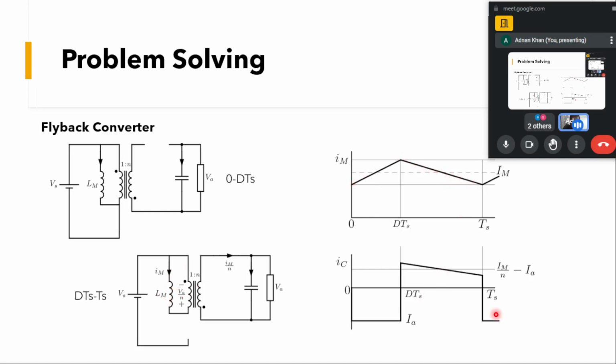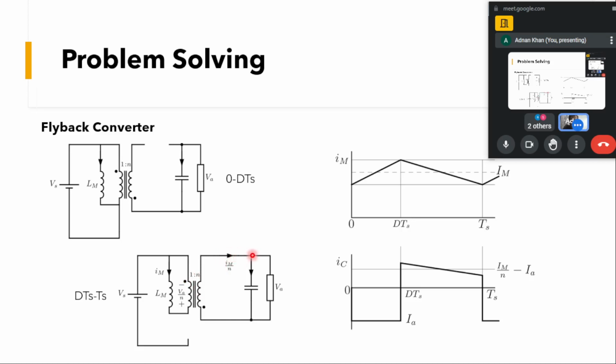But what we need to see is what is happening due to this capacitor current. Before this interval, the capacitor current was the negative of IA. Now there is some current flowing through here, that is IM. Due to this IM, the secondary current will be equal to IM by N due to the transformer action.